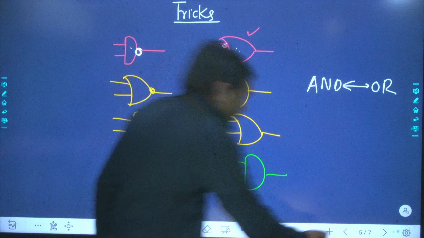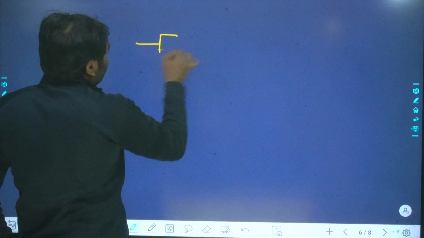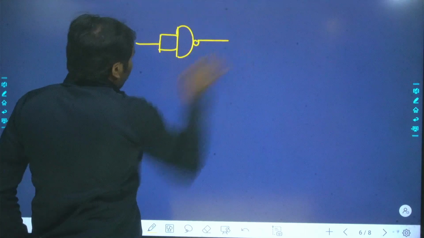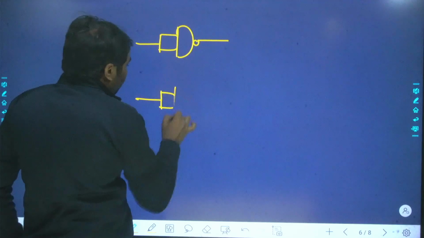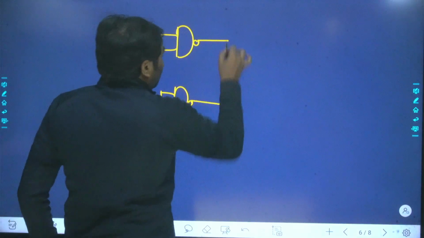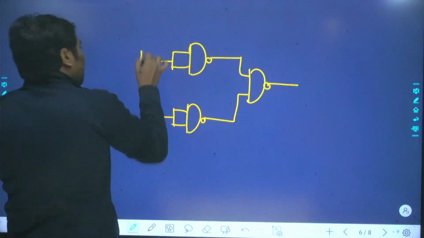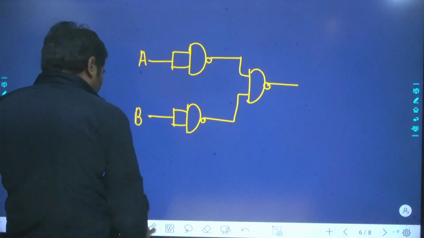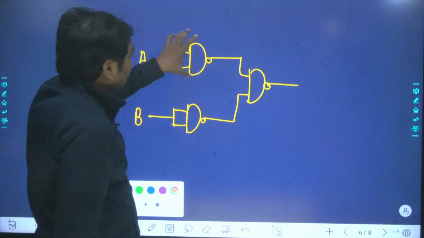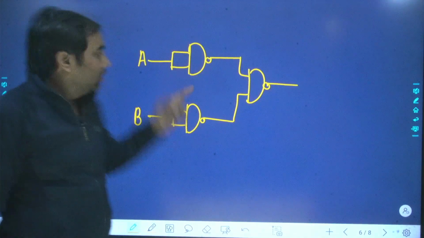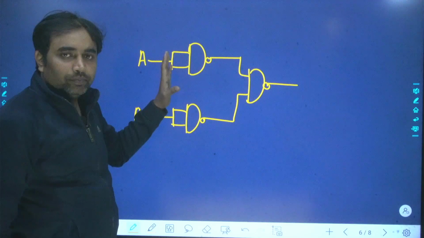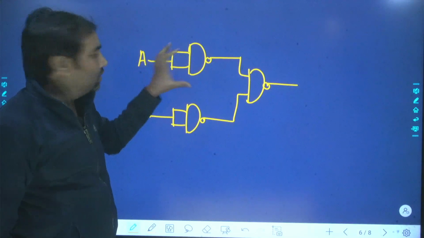Okay, again. Suppose anyone asks you, this one is the NAND gate. I already told you, a single NAND gate, when both inputs are connected, behaves as a NOT.